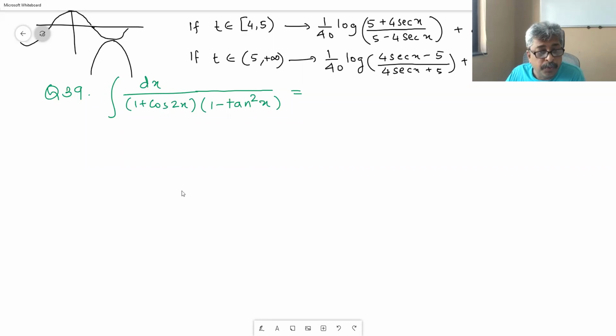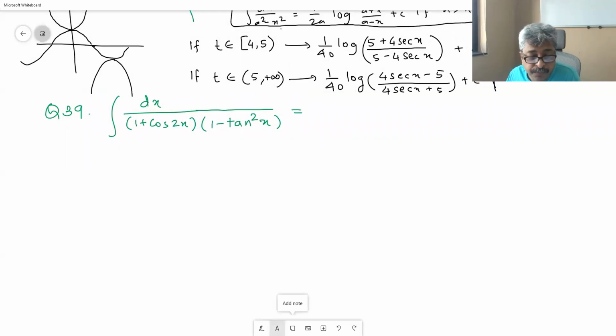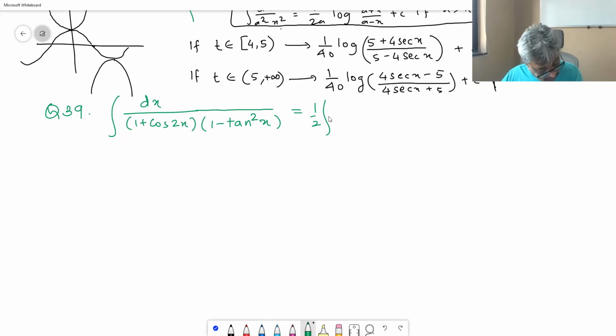This is equal to 1 half integral sec square x dx upon 1 minus tan square x. Trigonometrically it is this.